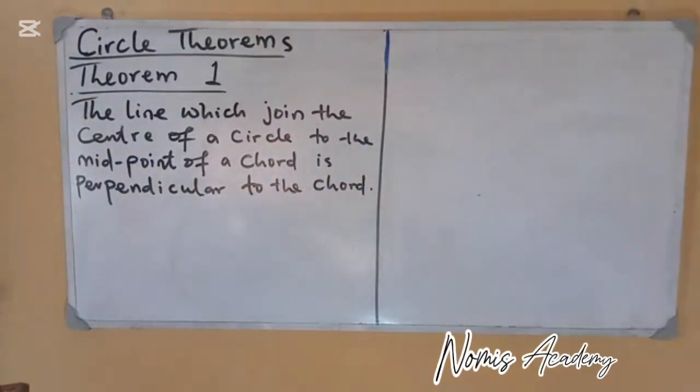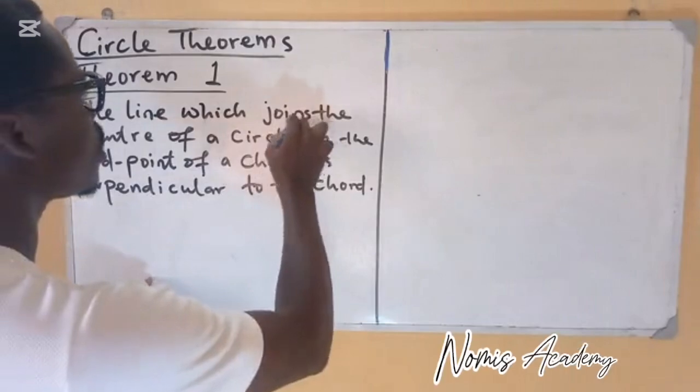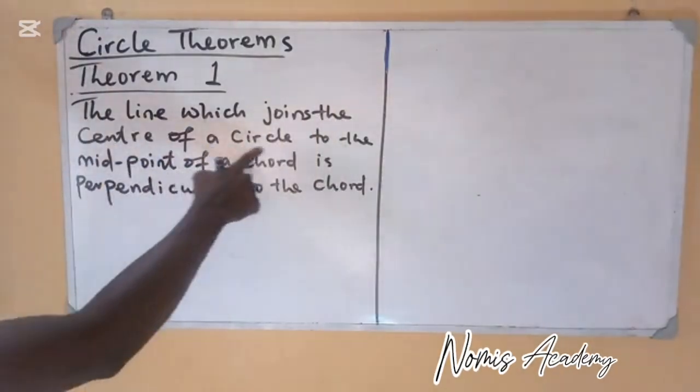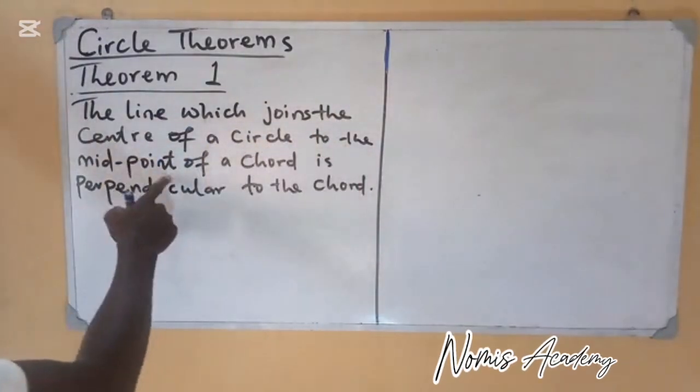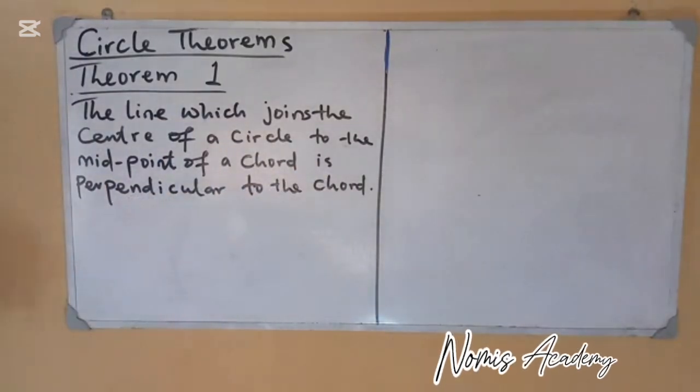Okay, this is theorem 1. It says that the line which joins the center of a cycle to the midpoint of a chord is perpendicular to the chord.